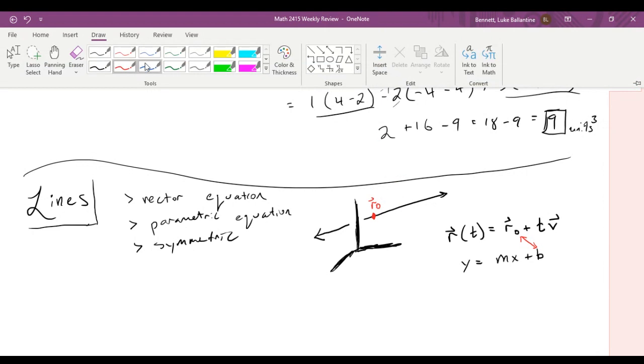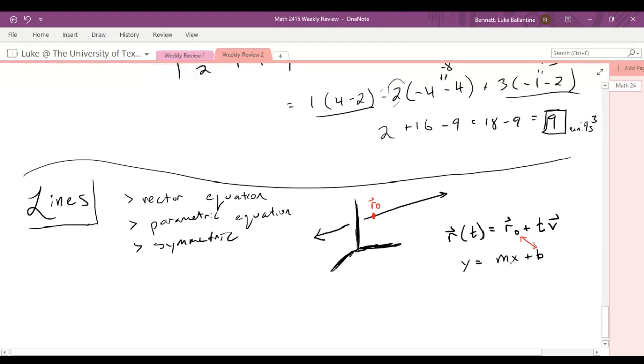And then we have m being the slope. Well, now we have a slope vector, v. And then x being the variable, t being the variable.